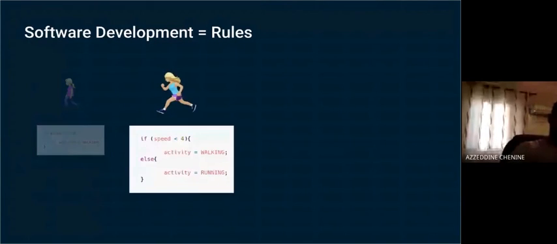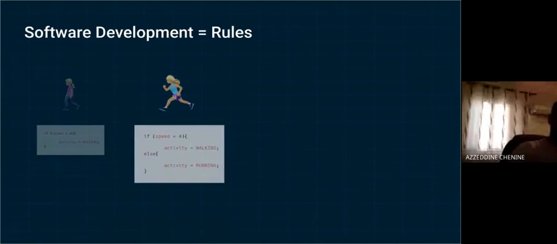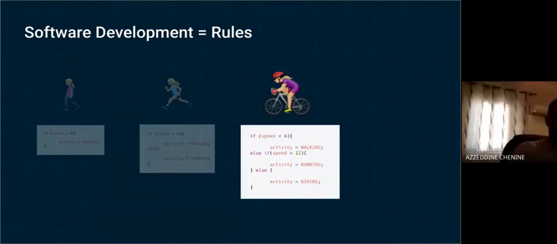If she's running, I say if the speed is less than 4 it's walking, else it's running. Now she's biking. Let's say if it's less than 4, it's walking, less than 12, it's running. Otherwise, she can't be running over 12 kilometers per hour.